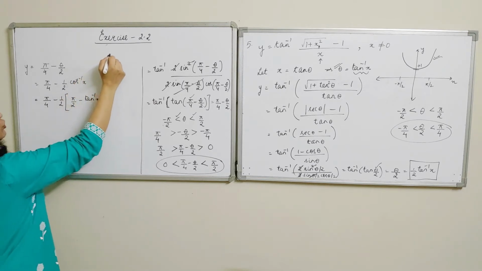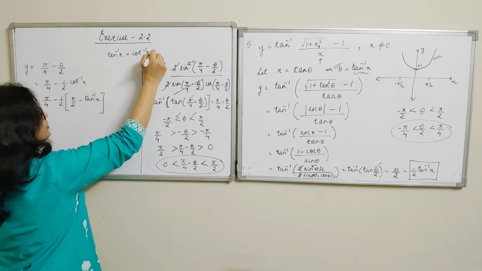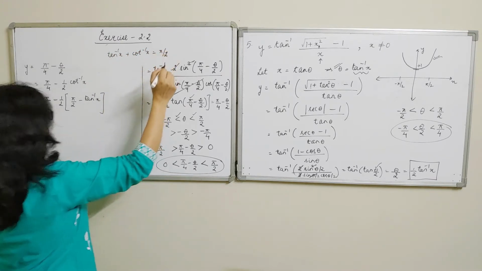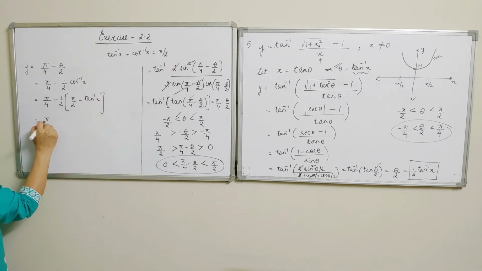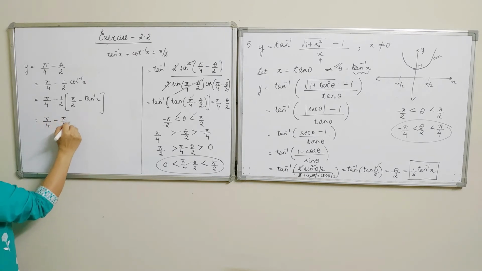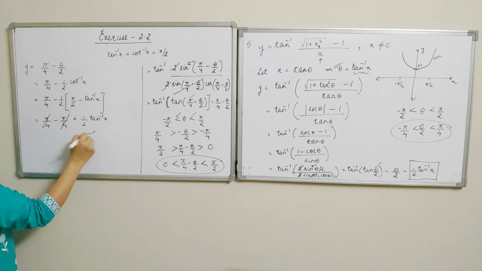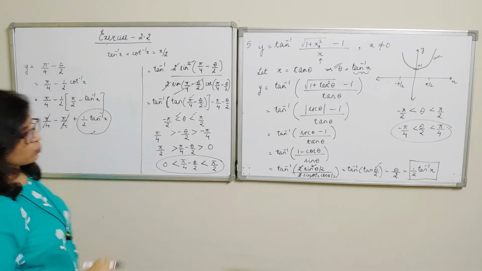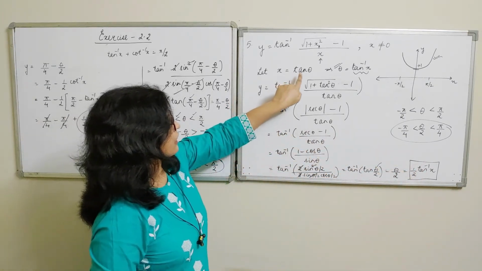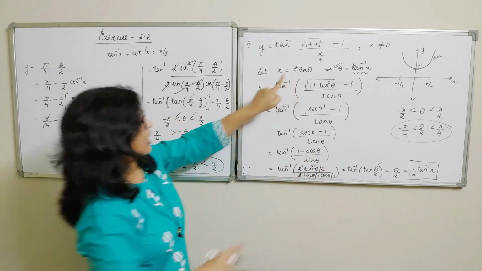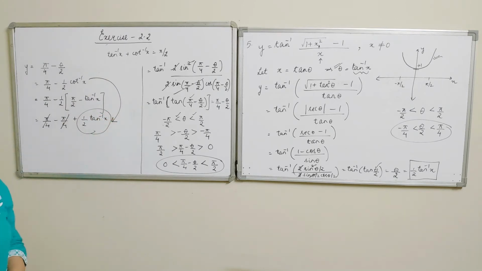The identity which we have used here is tan inverse x plus cot inverse x equal to pi by 2 for all real numbers. So that way cot inverse x is pi by 2 minus tan inverse x. And simplifying, these two terms get cancelled. Our result is half tan inverse x, which is same as this. So that means in questions where two substitutions are possible, you will get the same result, half tan inverse x. After a little bit of simplification, you will again get half tan inverse x.